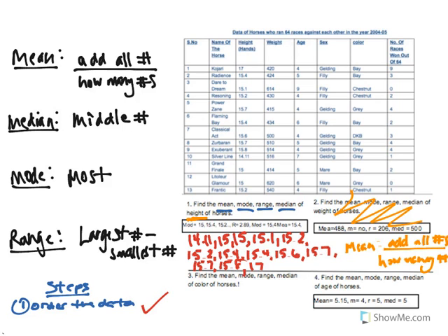So let's add all these numbers together. I'm going to add 14.11 plus 15 plus 15 plus 15.1, so on and so forth. I'm going to put my total right here. And I get 200.21. I need to divide that number by how many numbers I had. Remember I counted, I had 13 pieces of data. Now I do the division, and what do I get here?